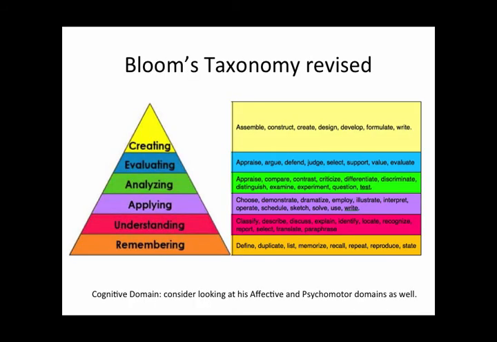Many of you are familiar with Bloom's taxonomy, which distinguishes 6 different intellectual skills or thinking skills. We often separate the lower order skills of remembering and understanding from the higher order skills of applying, analyzing, evaluating, and creating.